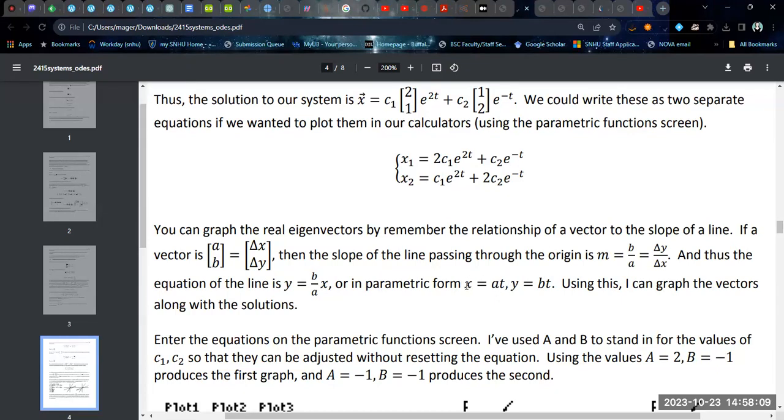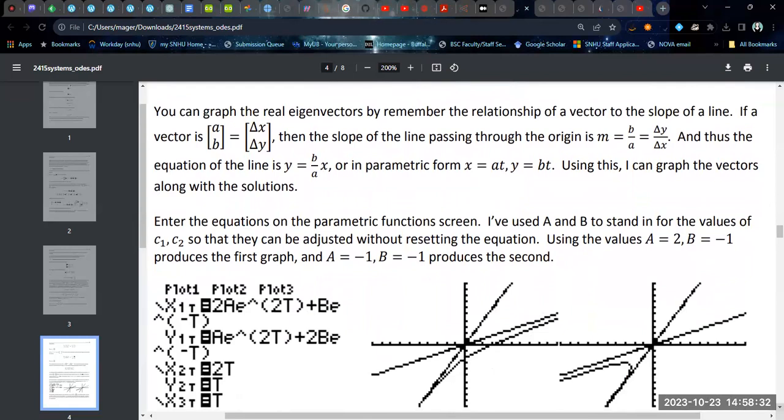In parametric form, these would be x is at and y is bt. So we can graph the eigenvectors along with our solution because we can expect that the behavior of the graphs will tend toward the eigenvectors, particularly in this case where they're in opposite signs.